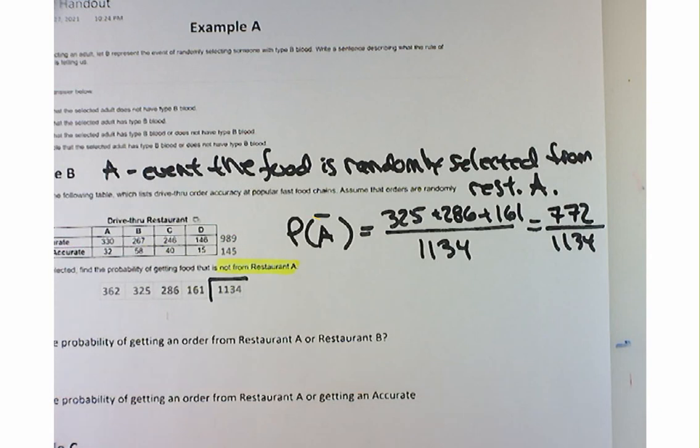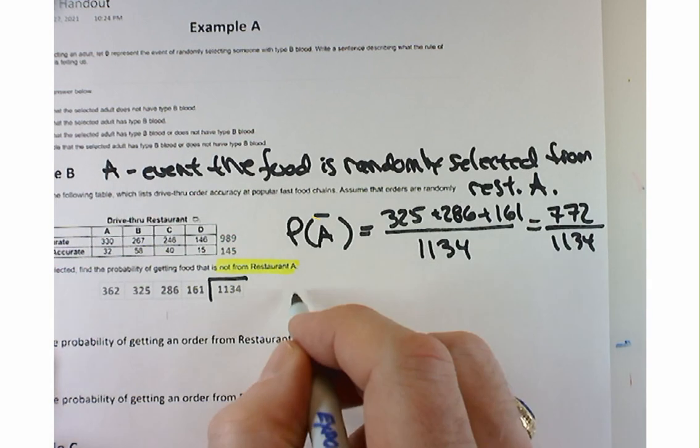Now that's one way you can get this. There's another way that might be a little bit more efficient. Can anyone think of what that other way would be? If you're thinking of the complement rule, then I applaud you. 1 minus probability A. Yeah.